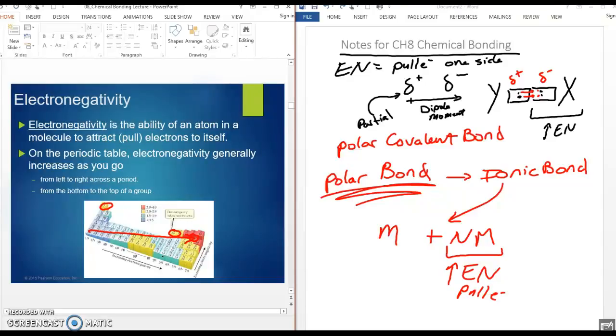It pulls so hard it actually reaches out and steals the electrons, forming a metal cation plus a nonmetal anion. So that's the full pull. A full polar bond is an ionic bond, but you can have a partially polar bond, a polar covalent bond, where we're still sharing the electrons, and it hasn't quite pulled it all across.